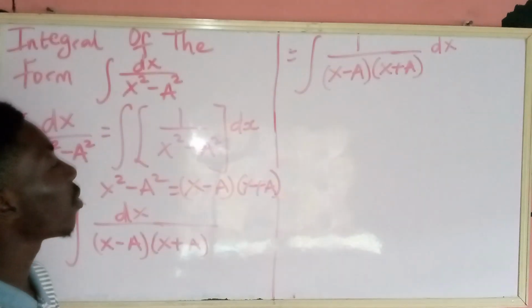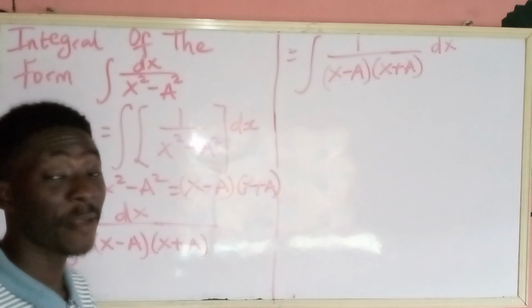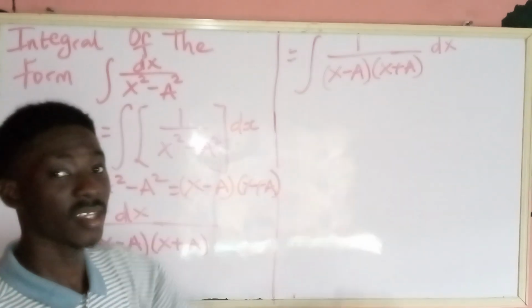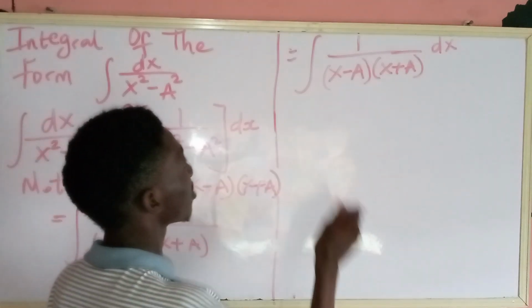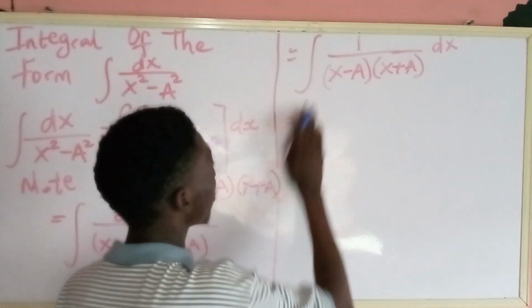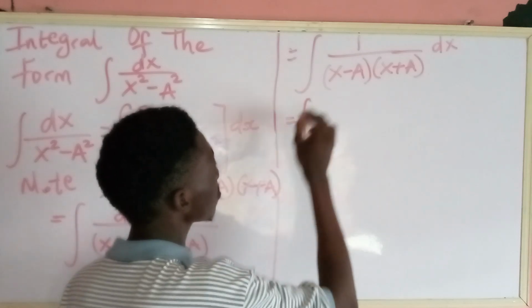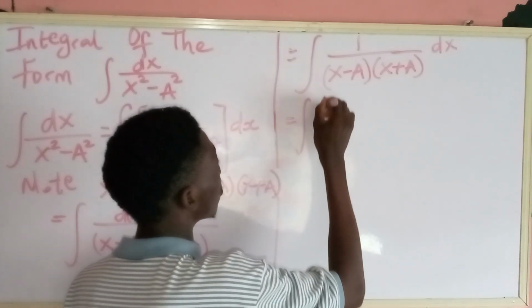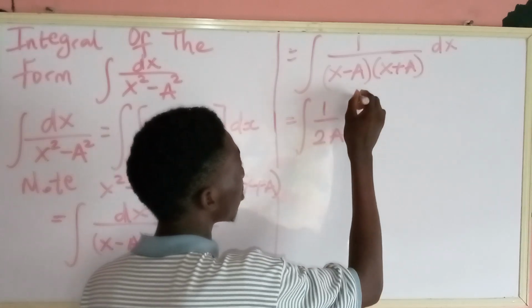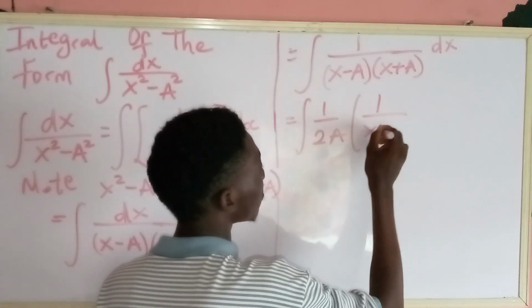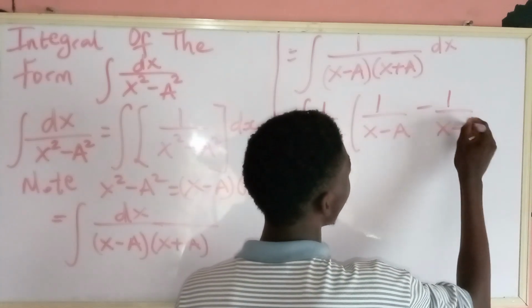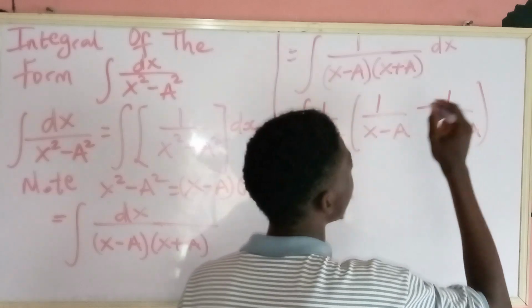Based on the time frame of my video, I won't be solving the partial fraction of this, but I know the partial fraction of this is the same as 1 over 2a times 1 over x minus a minus 1 over x plus a.